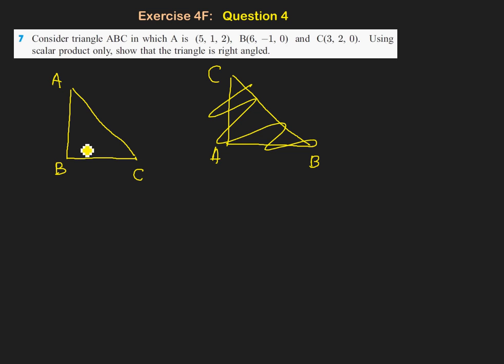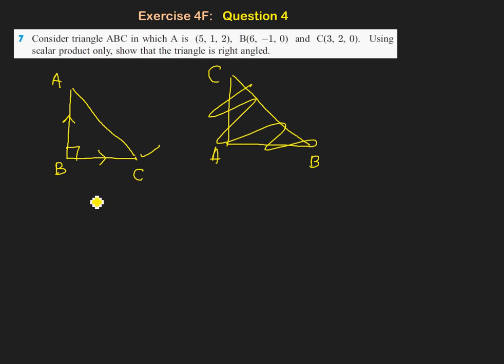And so if this is indeed a right angle, then if you can find this vector, and find this vector, and we dot them, if the result is 0, then we are done, right? It's very simple.